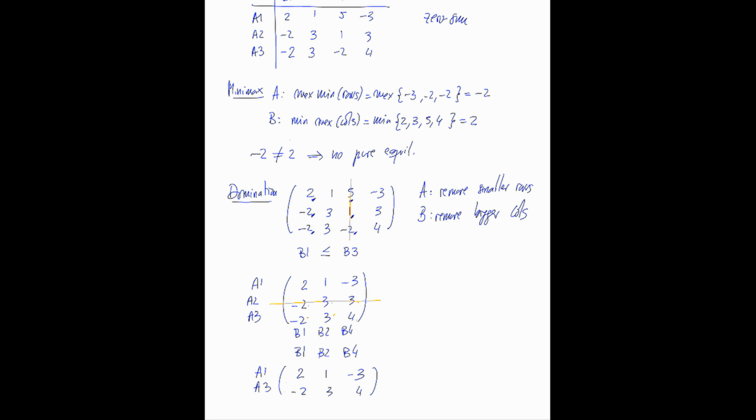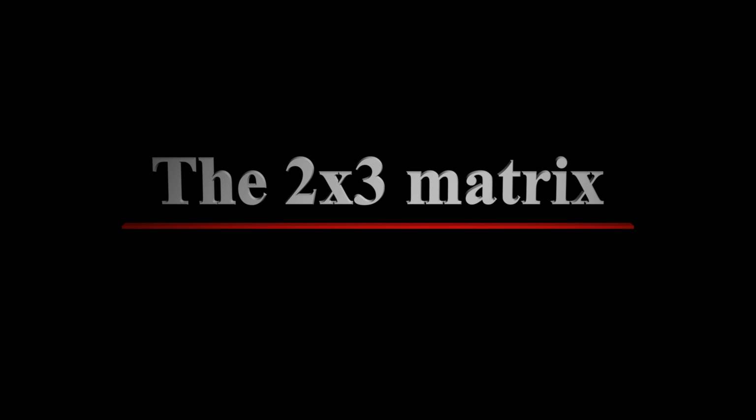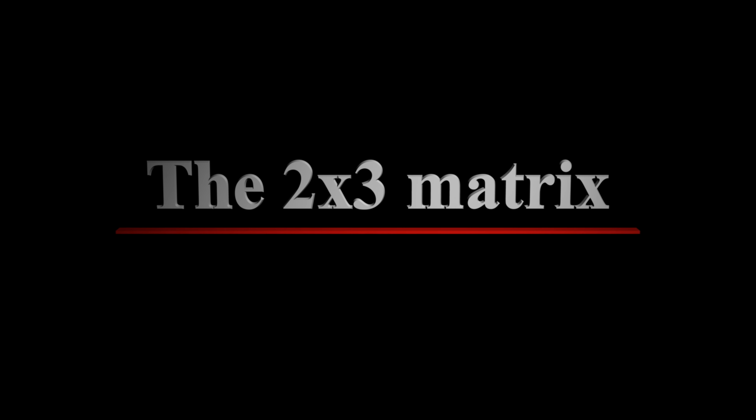Okay, we have to do a little bit of drawing. Our game has been reduced to this one, where A has two possible strategies, A1 and A3. This is like a 2 by 2, a little bit bigger matrix, that's all.